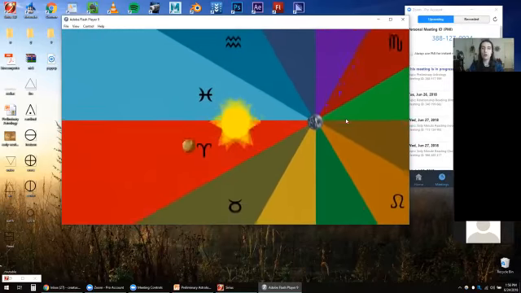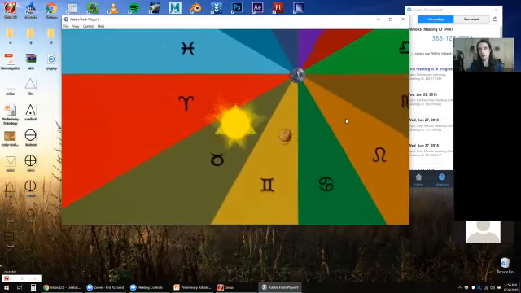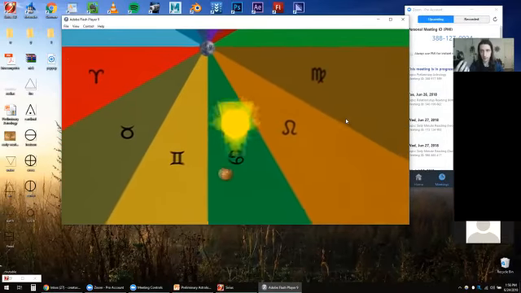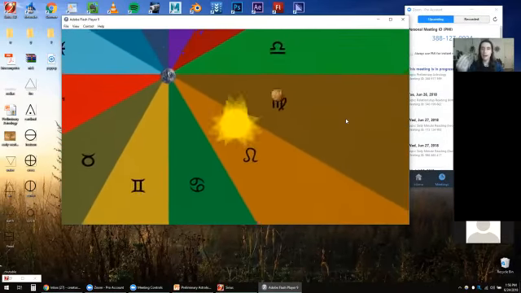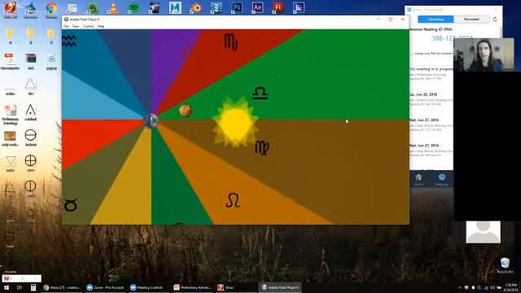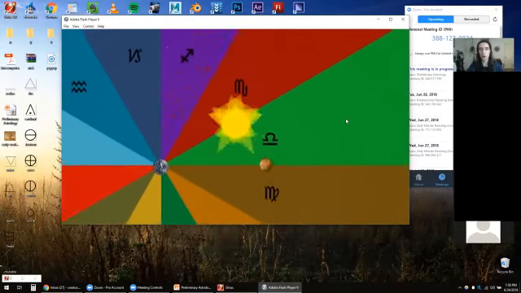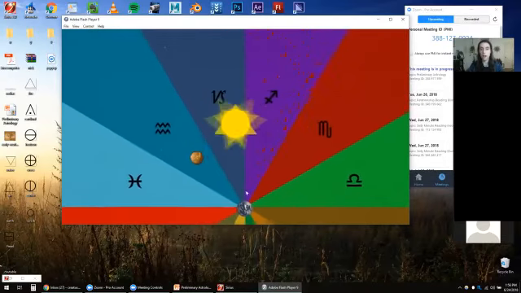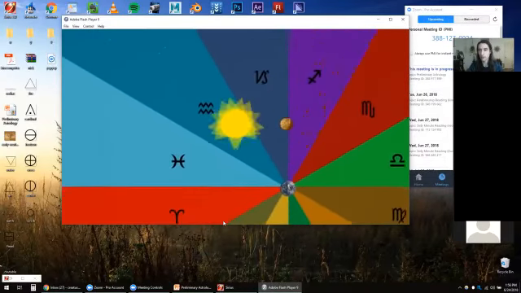Now, the reason I'm showing this visual is to understand the nature of retrogrades. Okay, retrogrades do not actually mean that a planet turns backwards in our solar system, obviously. Mercury is moving counterclockwise, Earth is moving counterclockwise around the sun.